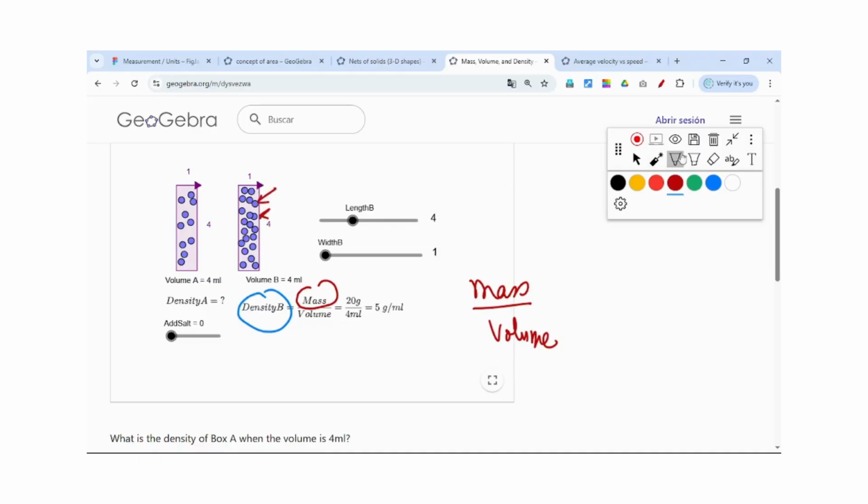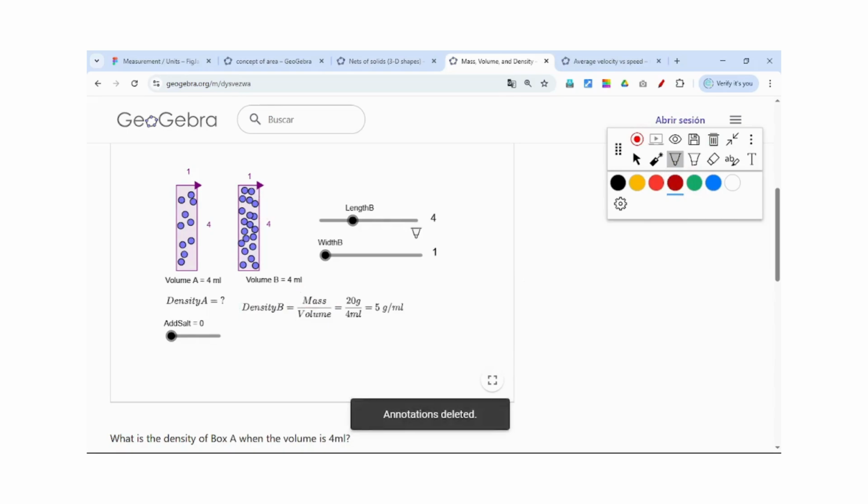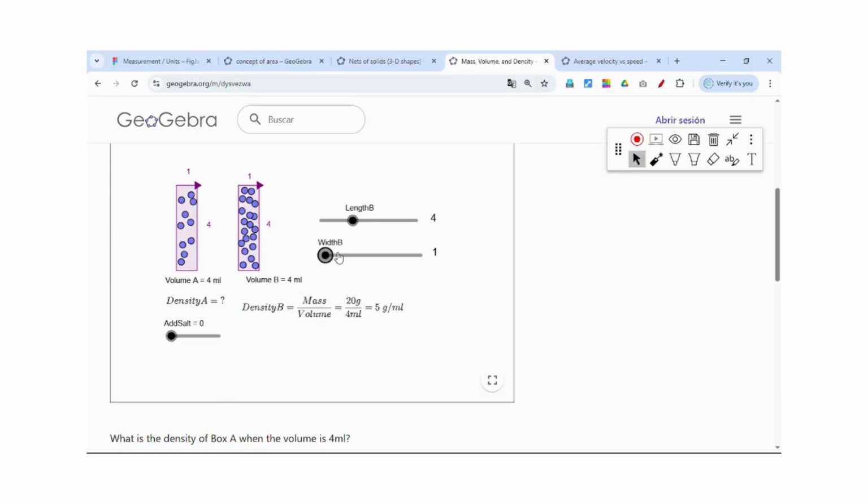And volume is in the denominator because it's a dividing line. Suppose I change the volume, I've increased the volume of this space, this cylinder. You will see as I increase the volume, mass is same, but density is less in this case.